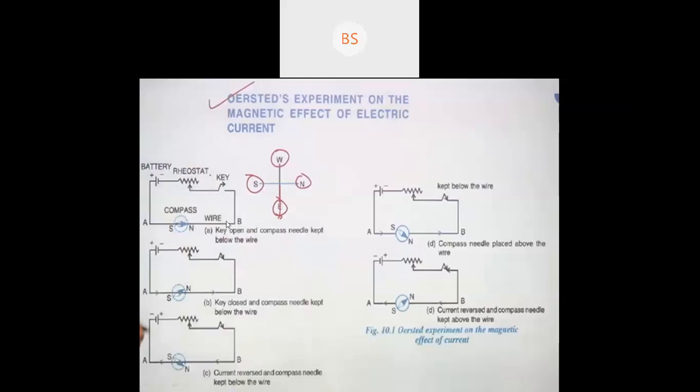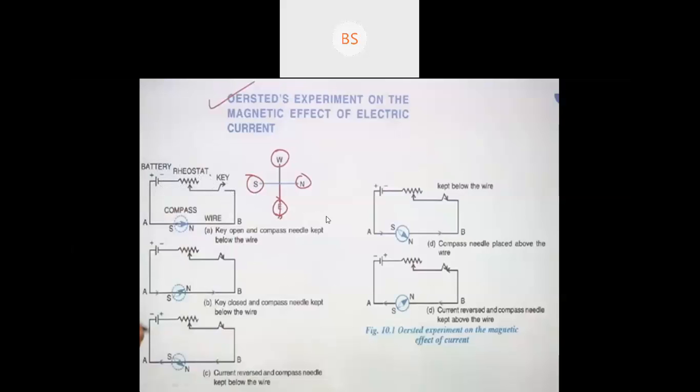Okay, everybody open your book. Have you observed the figures they have given? We'll speak about the first one now. When you observe carefully, what can you see here? This is the battery, rheostat, and key. Is the key open or closed?